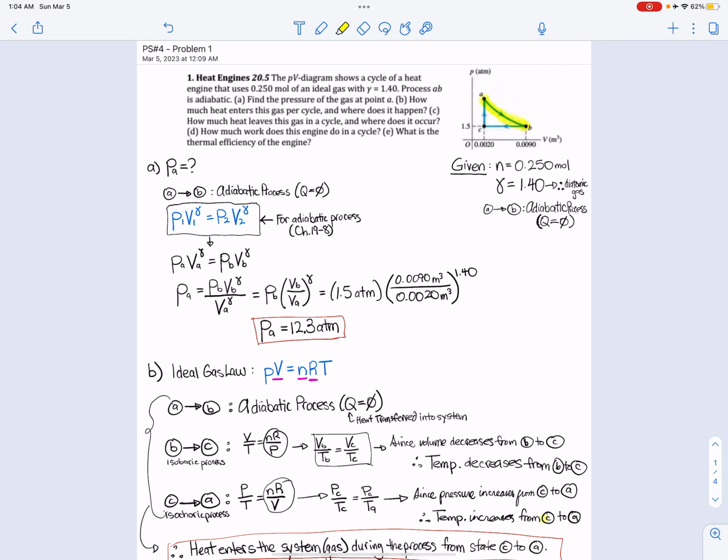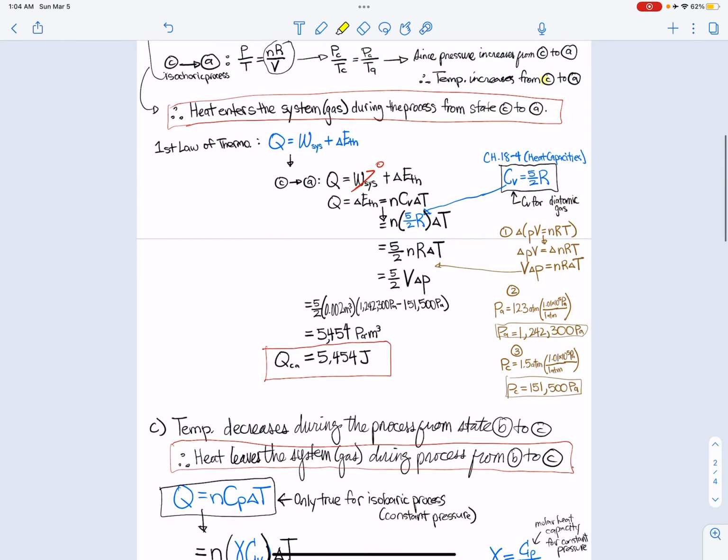That process had no heat transfer. And then after that, we had an isobaric or constant pressure process from state B to state C. And after that, we had an isochoric or constant volume process from state C back to state A. And that's just a closed loop system. It keeps going.